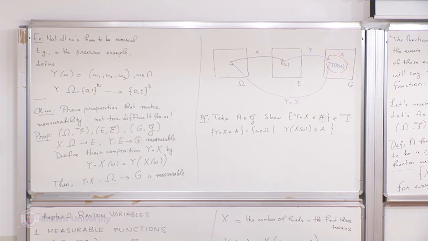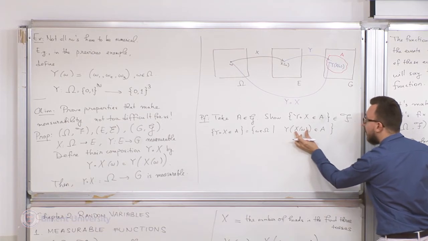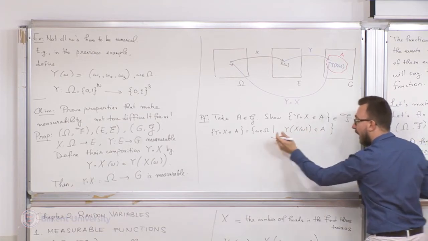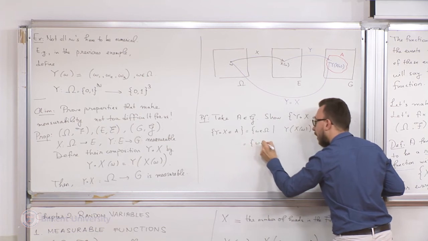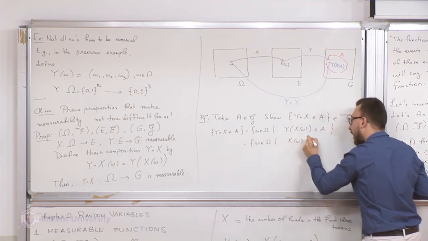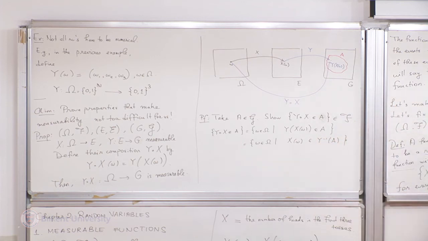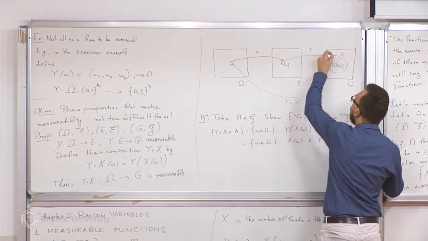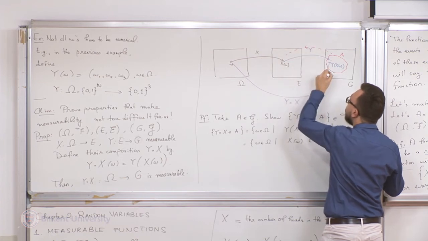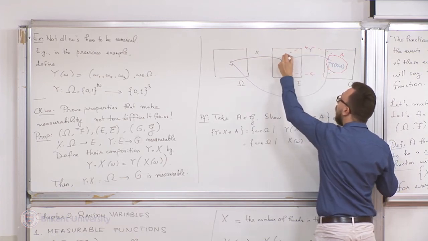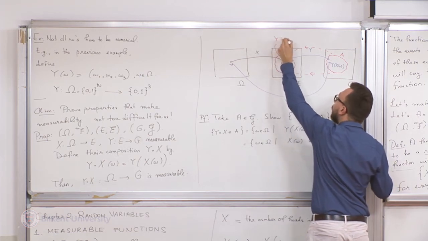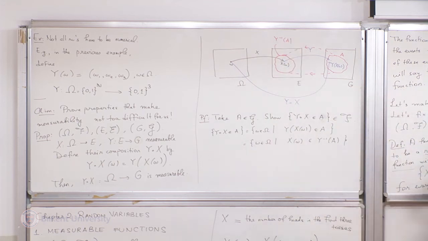This something is in the pre-image of A under Y. So I can rewrite it as X of omega is in Y inverse of A. Not inverse, but pre-image of A under Y. So here's where we are. So we're getting back to this space. So this is Y inverse A. We want X of omega to be in Y inverse A.